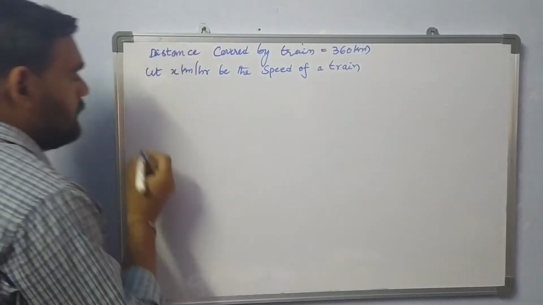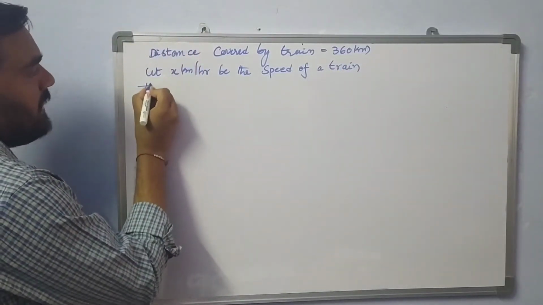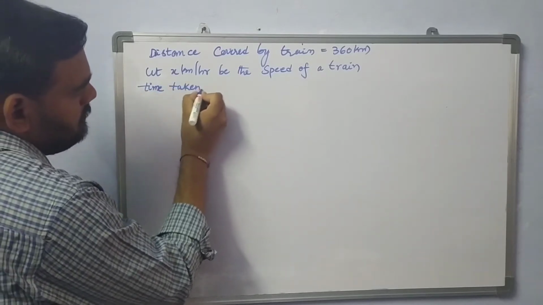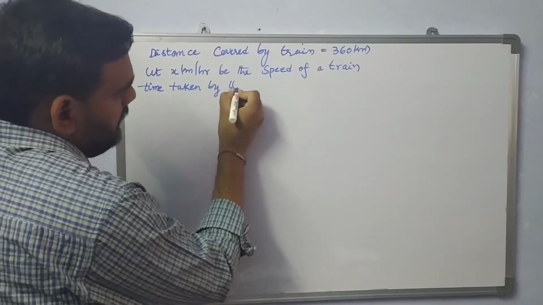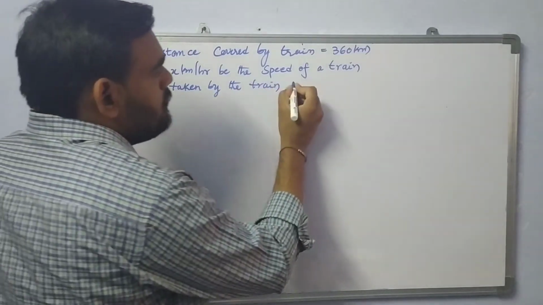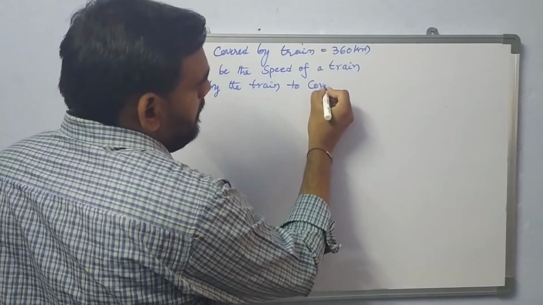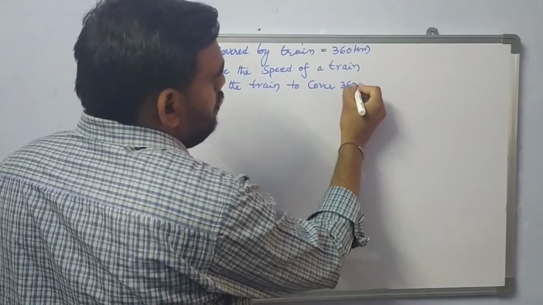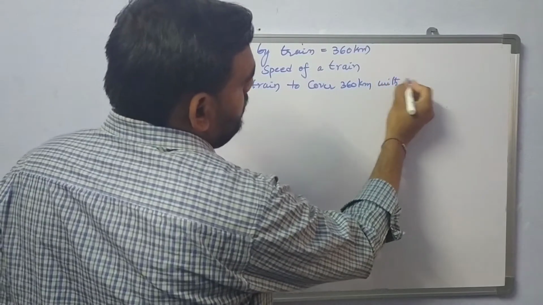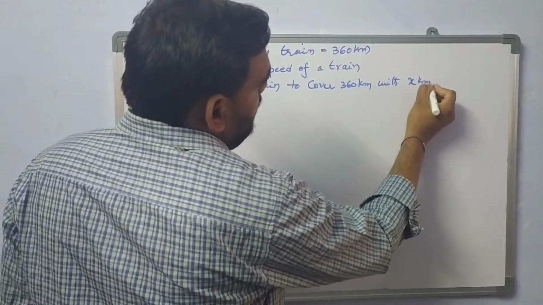And then we can find the time taken by the train to cover 360 kilometers with x kilometers per hour.